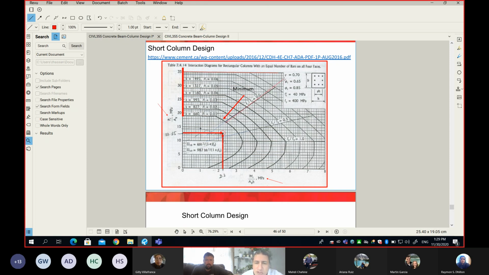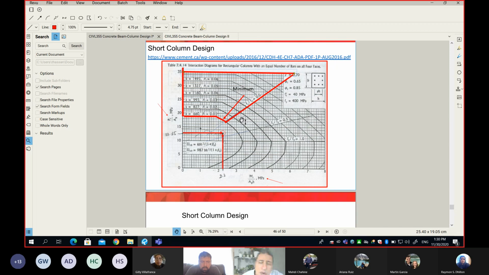All this zone is compression. I think when I make the lines thicker, you will start to see what I mean. All this zone is compression. So this zone here where my cursor is, it's compression only.